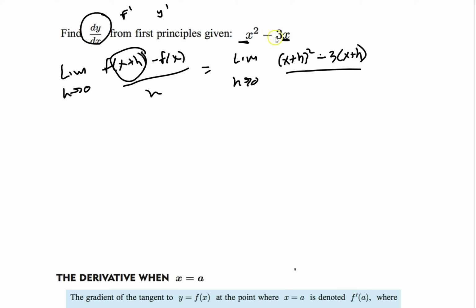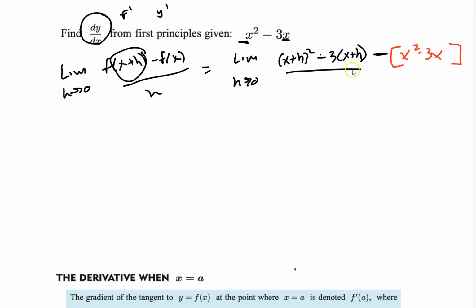I plug x plus h into both of them. And now I gotta use the formula. Minus f of x. Now remember, we talked about we're gonna use parentheses. What's f of x? F of x is just this function right there. So x squared minus 3x. Right, parentheses.